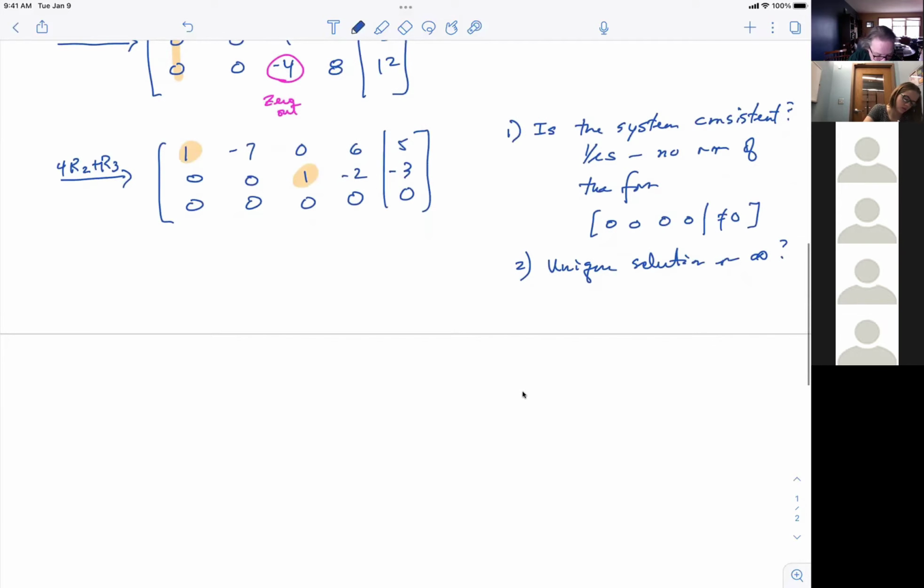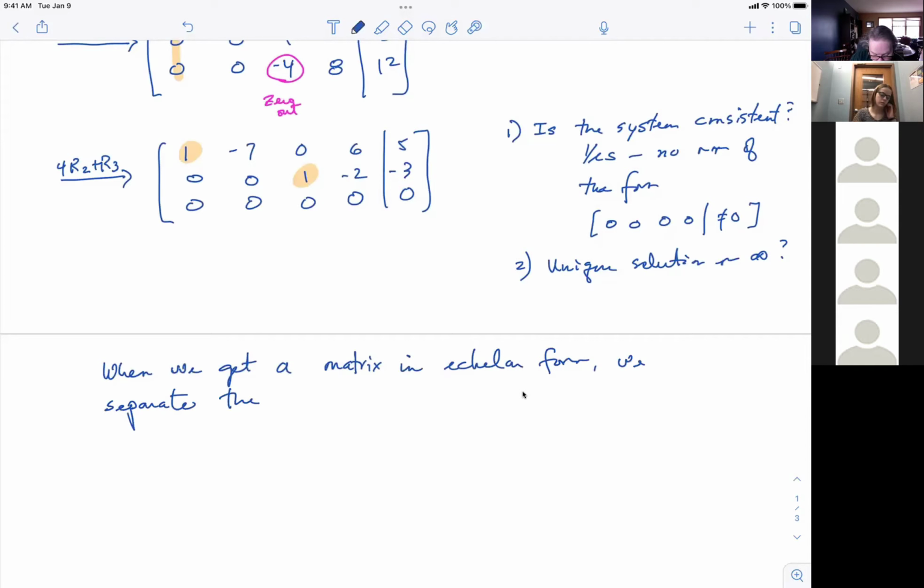Remember, columns correspond to variables.